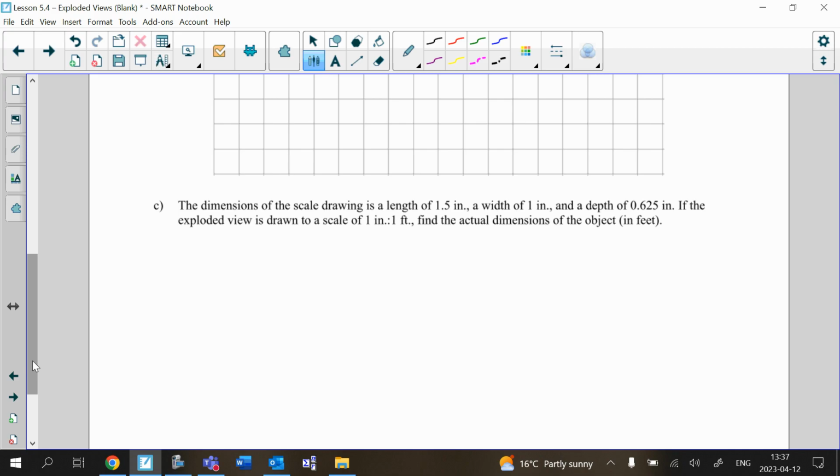If the scale length is 1.5 inches, what's the actual length in feet? If it's 1:1, it's the same. So the length is going to be 1.5 feet because the scale is 1:1. The width is going to be the same as the width on the scale, except in feet, or 1 foot.